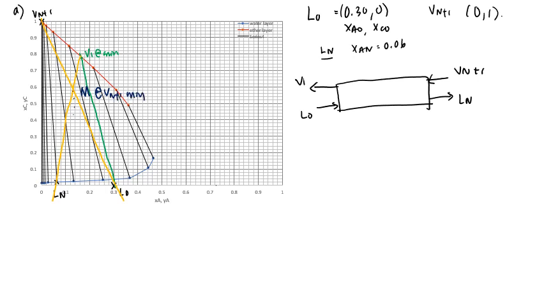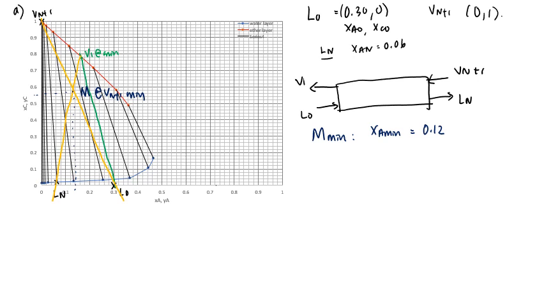So you can read the coordinates for XA and XC. Okay, at M minimum, it's not the XA that is minimum, it's the XA at minimum solvent flow rate. It's not minimum XA.